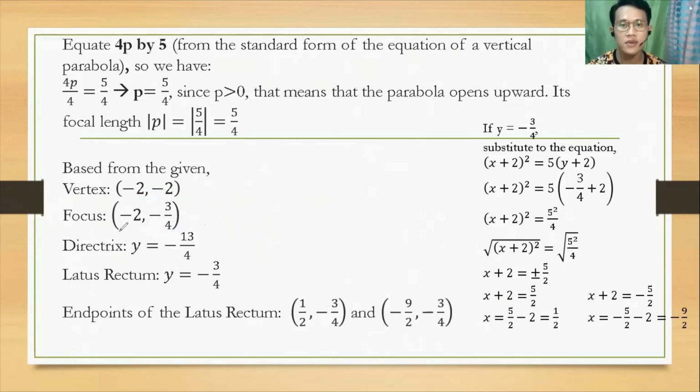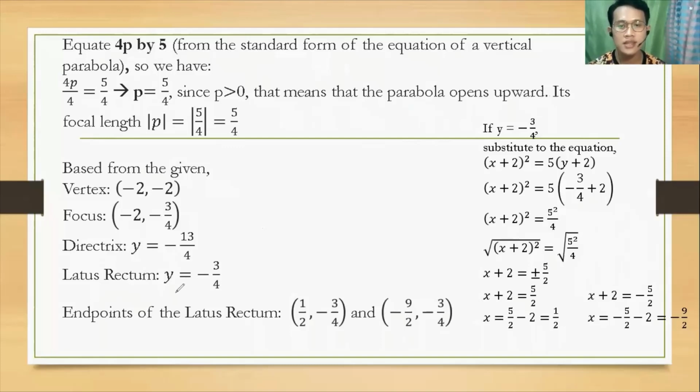Why did I say below for the directrix? Because the parabola opens upward. Remember that the directrix should always be located on the back portion of the vertex. So you can see it in our graph later on.